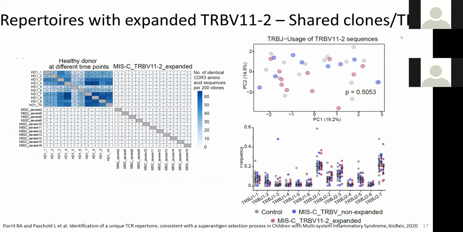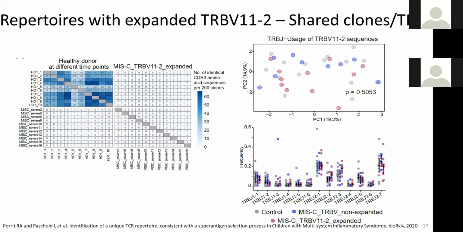Then we looked into the subgroup of the TRBV 11-2 expanded repertoire versus the MIS-C samples without expansion. And as superantigenic binding is predominantly mediated by the V beta region outside of the antigen binding site, the CDR3 region should not have any distinct properties.